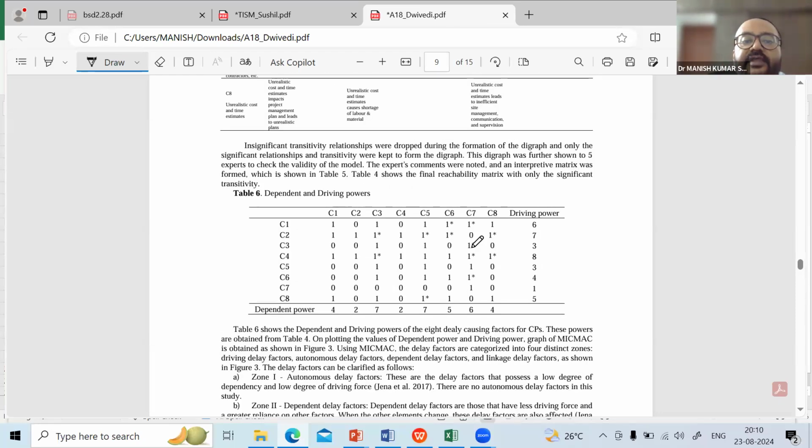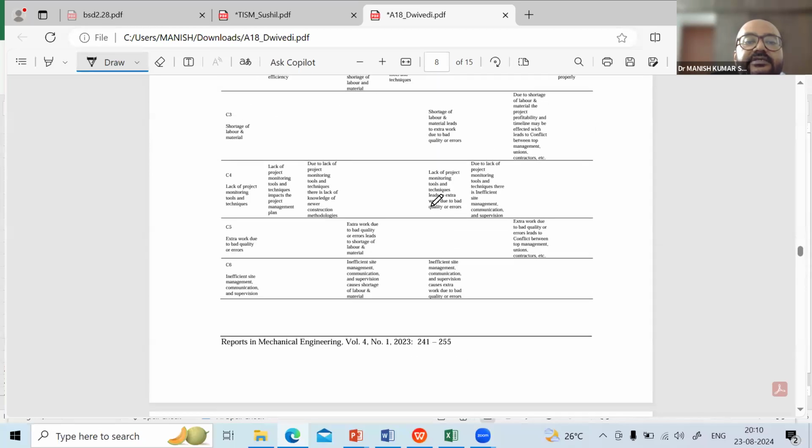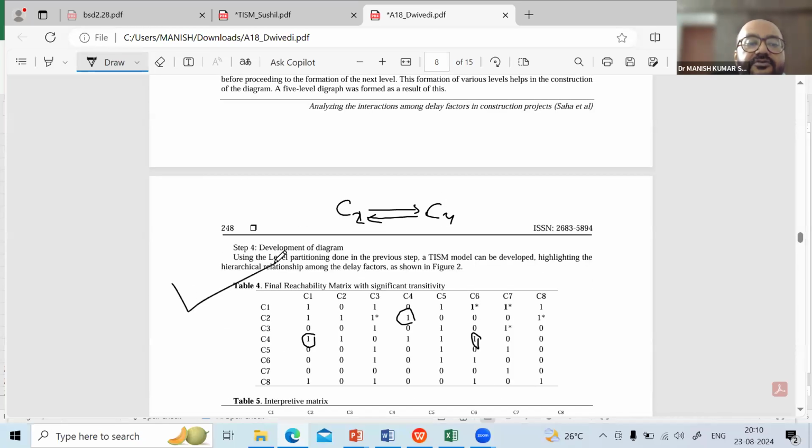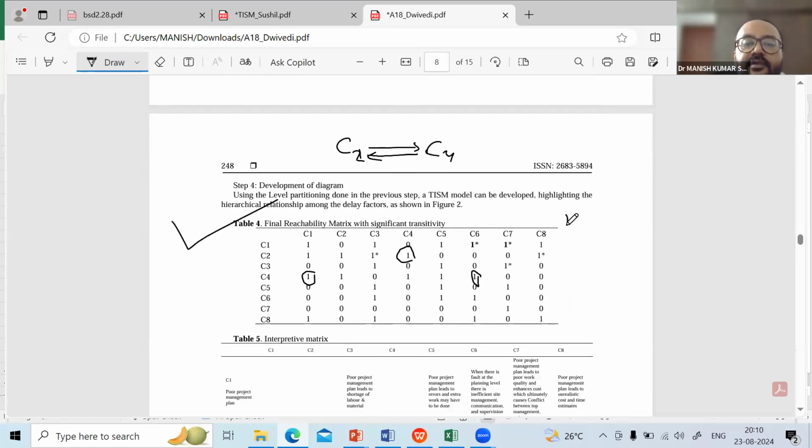Okay, so fine. You have the reachability matrix finally. It is there somewhere. Yeah, this is the reachability matrix. You just calculate here, and here, add all the ones.